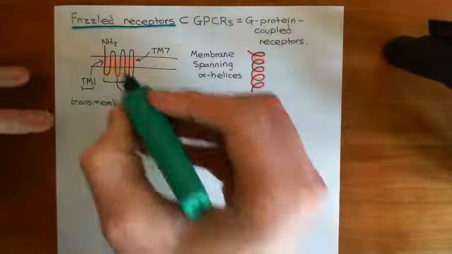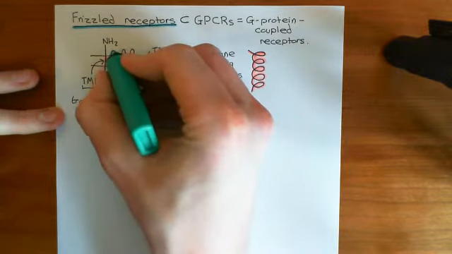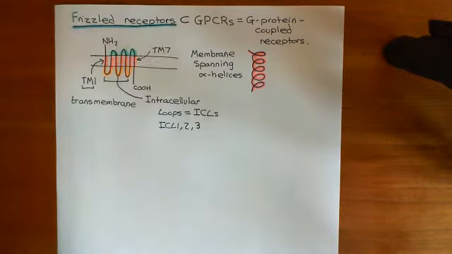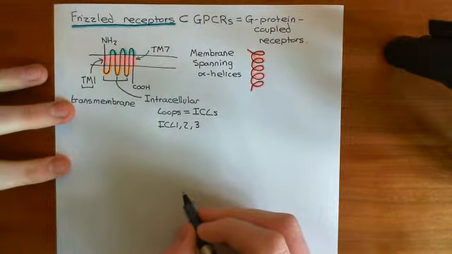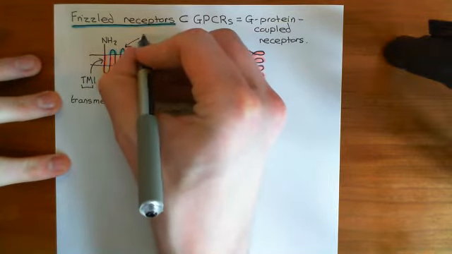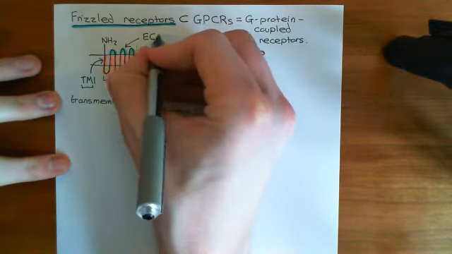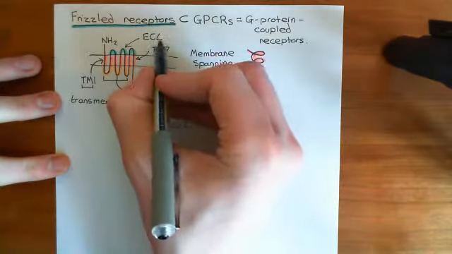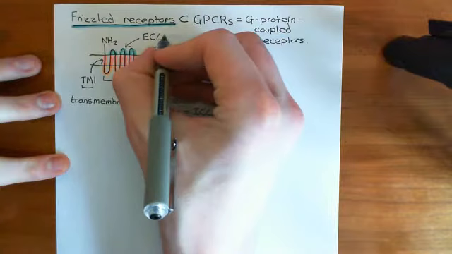Then on the extracellular side, we also have extracellular loops, which I'll highlight in turquoise here. These 3 loops on the extracellular side of the G-protein coupled receptor are the extracellular loops, and extracellular loop is usually abbreviated to ECL: E for extra, C for cellular, L for loop. So again, you have 3 of these.